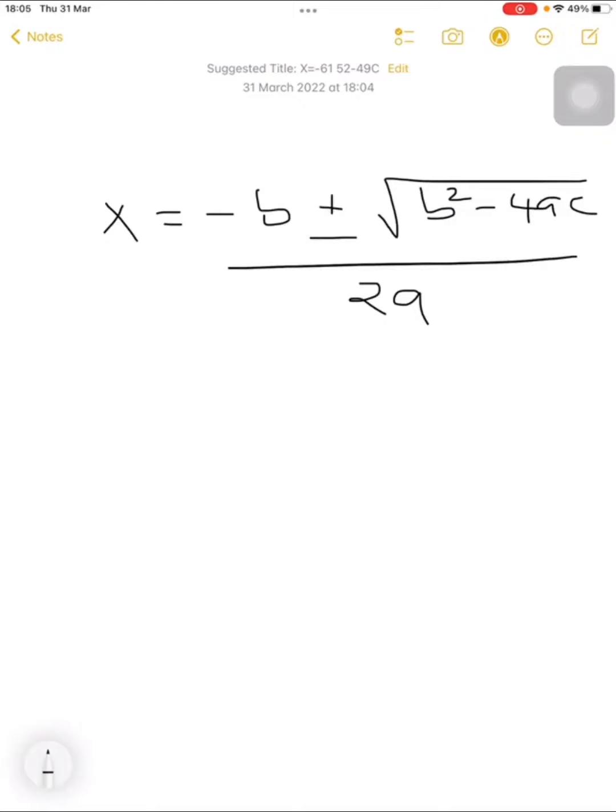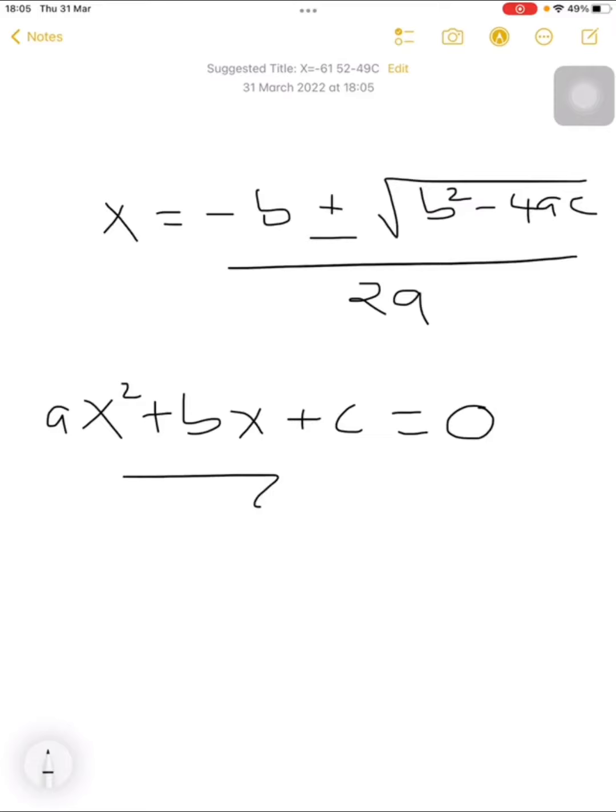equation, which is this: ax squared plus bx plus c is equal to 0. So we have our quadratic equation like that, and from this we have to derive the formula by the use of the completing the square method, and this is how we go about it.